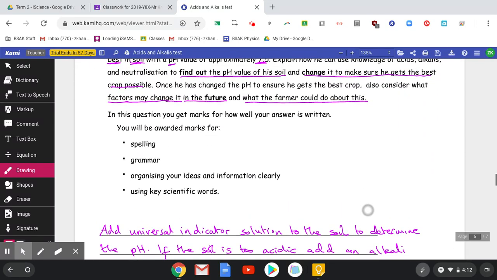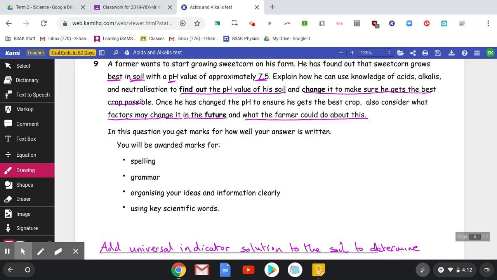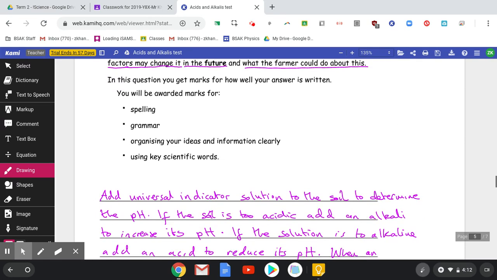So the first point, find out how to test the pH of the soil. Add universal indicator to the soil to determine the pH. There's 1 mark. Now, the soil's pH could be more than that, or it could be less than 7.5. So if the soil is too acidic, that would mean that it's between 1 and 7. Then we need to add an alkali to increase its pH.